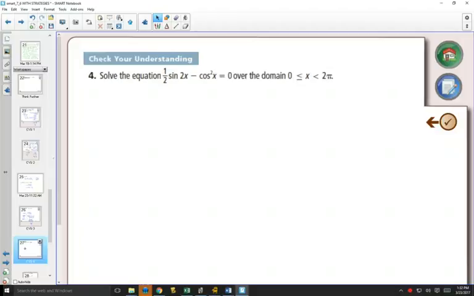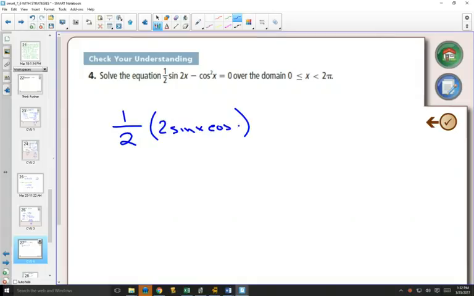Is this multi-revolution, or is this one going to be one that we're going to use our identity? We have to use our identity because there is another trig function there. So then our first step is changing the sine 2x to 2 sine x cos x.